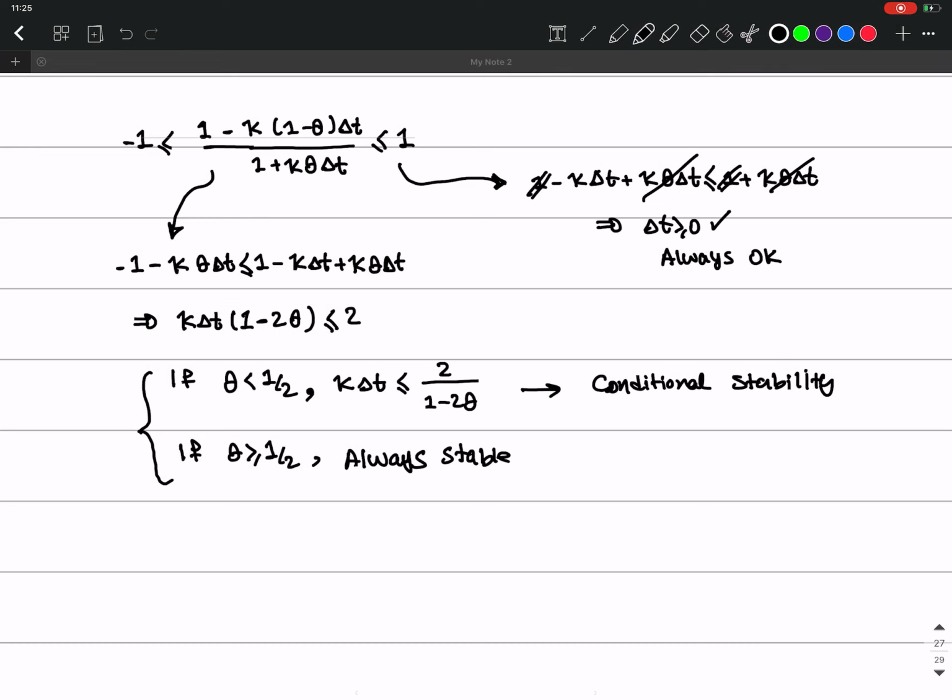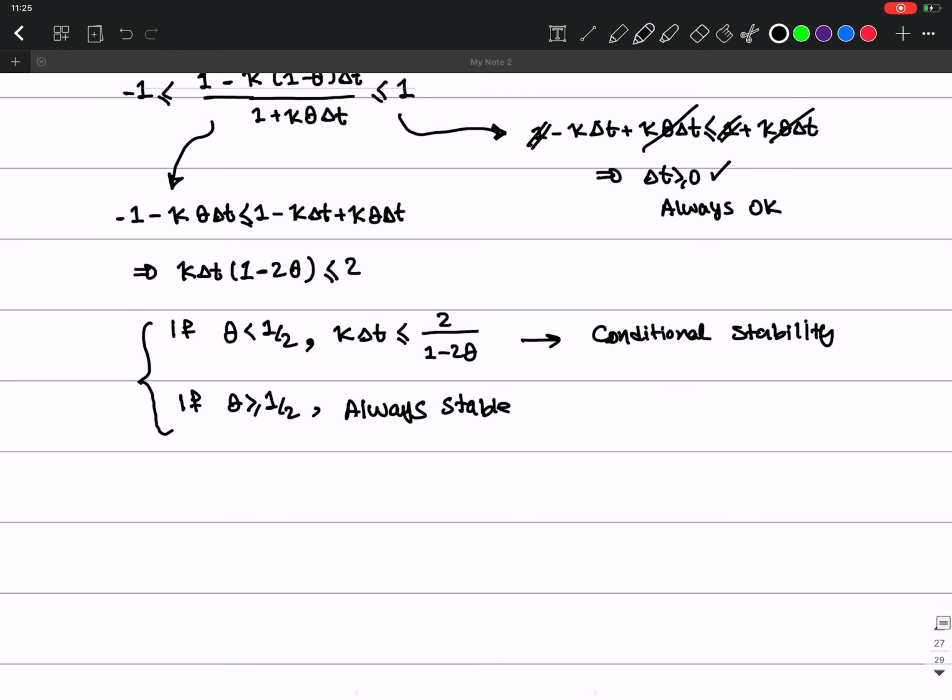And if theta is greater than 1/2, then we will have an unconditionally stable method. So here, actually, the best value we can take for theta for this problem is theta equals 1/2. And the reason is because of two things. It is both second order accuracy plus unconditionally stable.